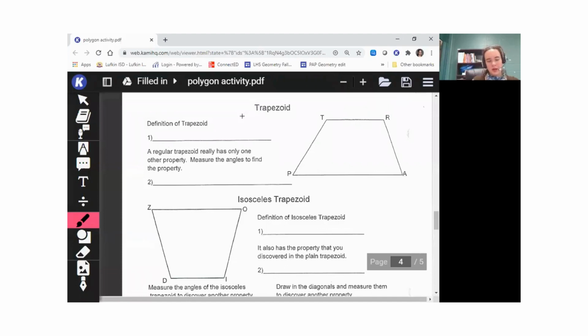So next up, we are working on a trapezoid. So definition of a trapezoid is that it's a quadrilateral with one set of opposite sides that's parallel.